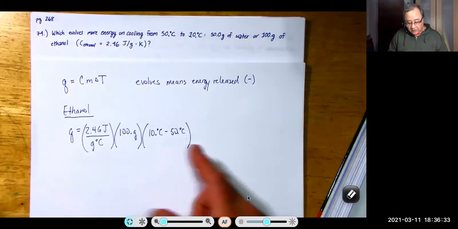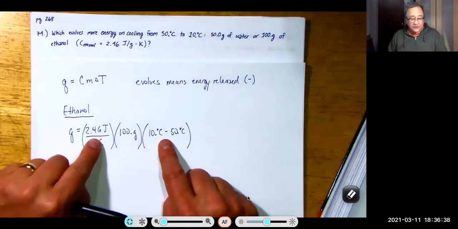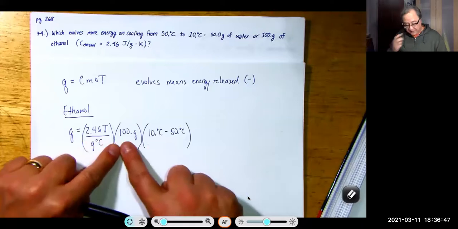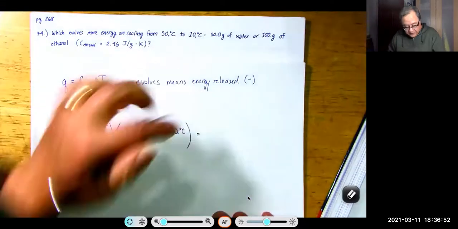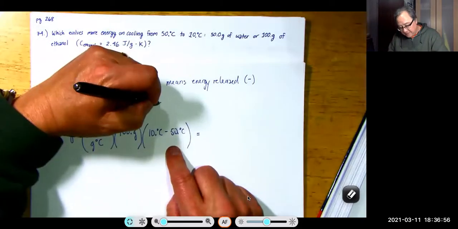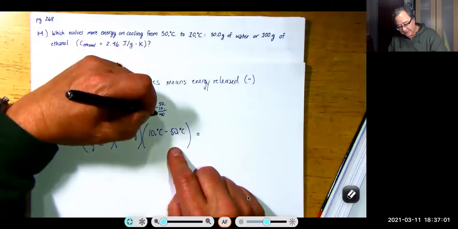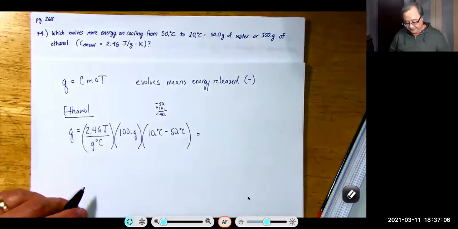Okay, so let's estimate the answer. Negative 40 times 2.46 should be roughly negative 100. Negative 100 times 100 should be 10,000, something like that. And we get two significant figures, it looks like, because 50 minus 10 is 40, but that's of course a negative 40 because that's negative 50 and plus 10. And we round to the ones.